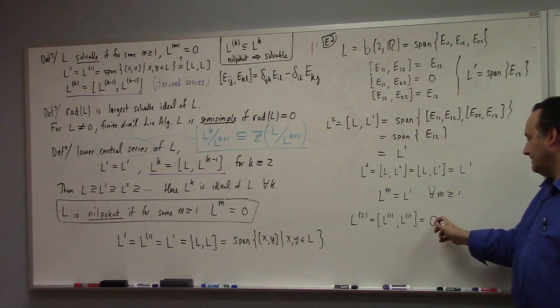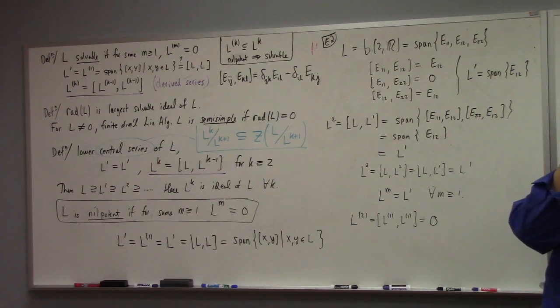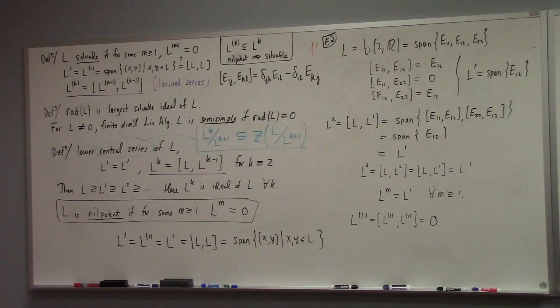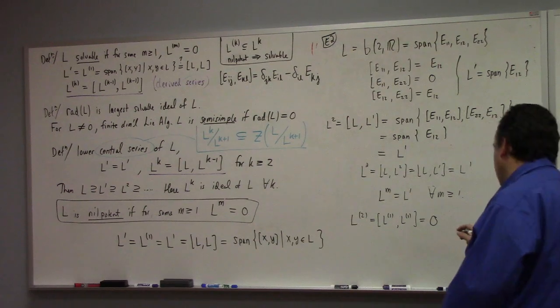This is 0, because you're essentially taking the product of a one-dimensional algebra with itself. So there's your example. Solvable, yes, for B2R. Nilpotent, no.